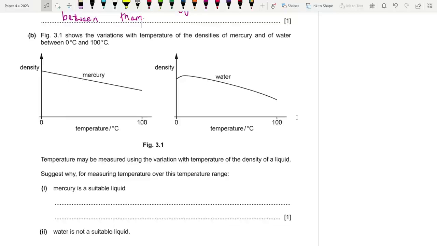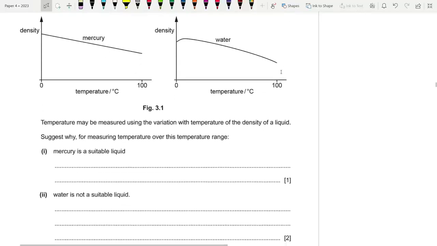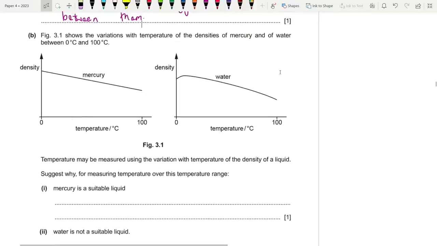It might be the density of a liquid. So for measuring temperature over this temperature range, why is mercury suitable? Basically, a physical property is better if it varies linearly. We know that the density of mercury varies linearly with temperature, which is why it is used in mercury thermometers, the clinical ones, right? On the other hand, water actually varies non-linearly.